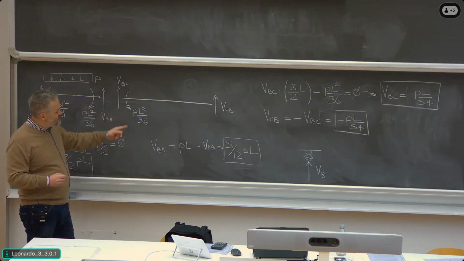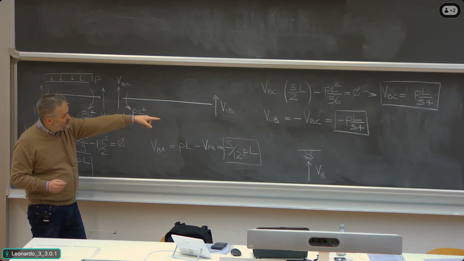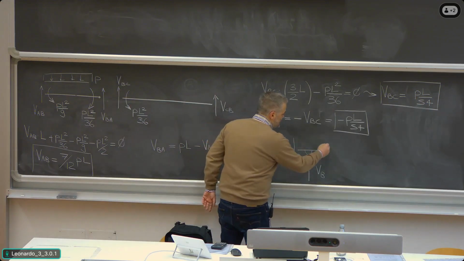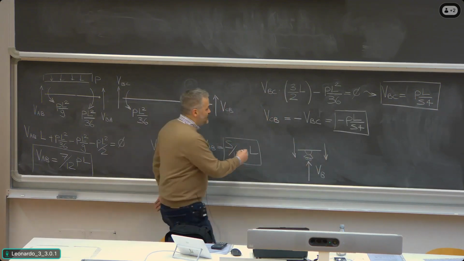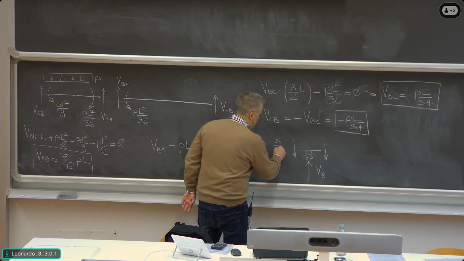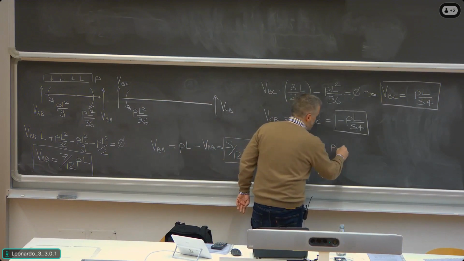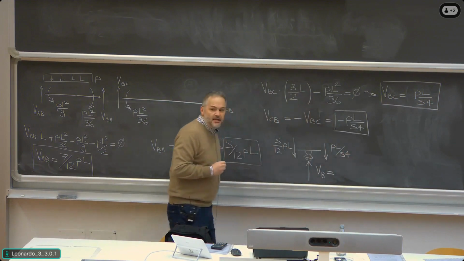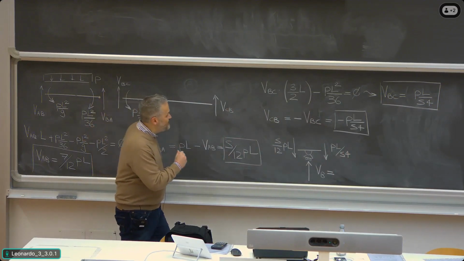Their value is positive for VBA and for VBC. So basically what happens at support B is that you have downward forces from both sides. This is 5 divided by 12 PL, and this is PL divided by 54, which means basically VB in this case is VBA plus VBC.